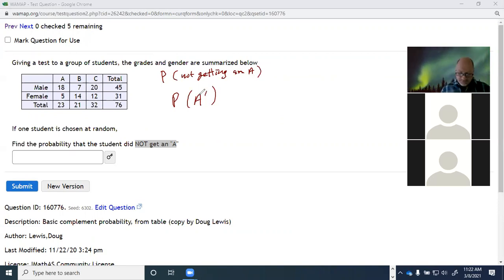Anyway, for the probability of not getting an A, one way you could do that is take 100% minus the probability of actually getting an A, or that should be equal to the probability of all other possibilities other than A. Those are going to be the same thing. So let's do the other than A first.